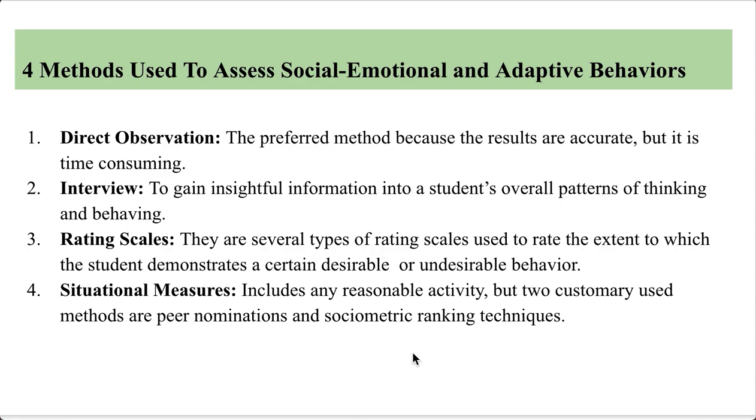For interviews, this is where you gain insightful information into a student's overall patterns of thinking and behaving. And the rating scales, there are several types, but this is where you rate the extent to which the student demonstrates a certain desirable or undesirable behavior, pretty much a targeted behavior that you are looking for.